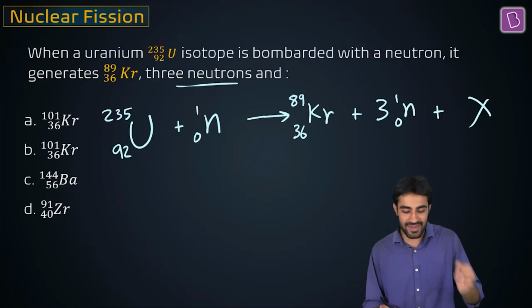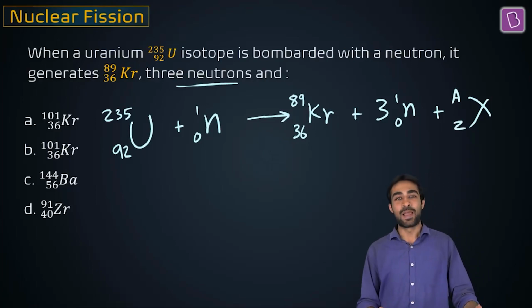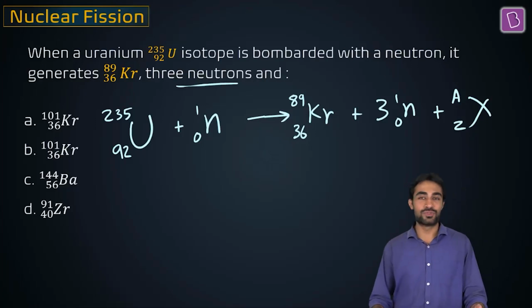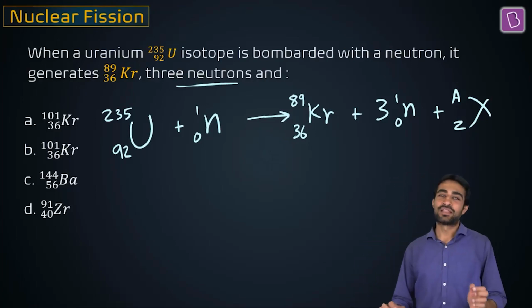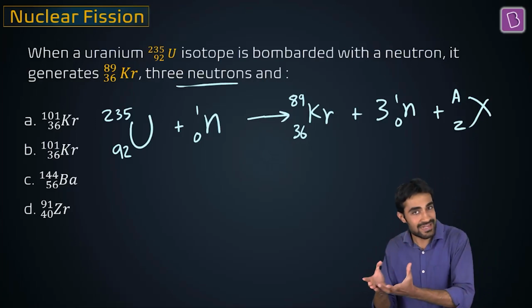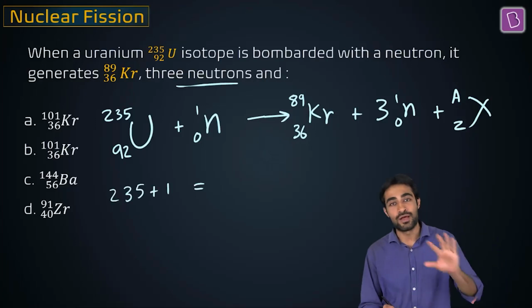Well, let's just determine the mass number A and the charge number Z of this mysterious element X. Now, how do we do that? Well, I will say the total mass number on the left hand side will be equal to total mass number on the right hand side. This means 235 plus 1. This is the total mass number on the left hand side.